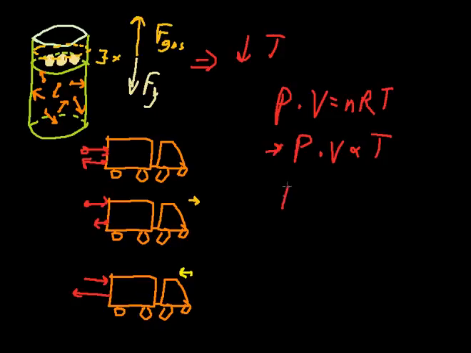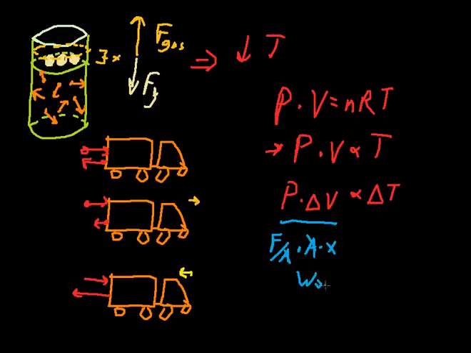So we have pressure times the change in the volume is proportional to the change in the temperature. And this P delta V is work, right? We had a force per area times distance. That's what volume is: the cross-sectional area times the distance it moved. And so we wind up with work.